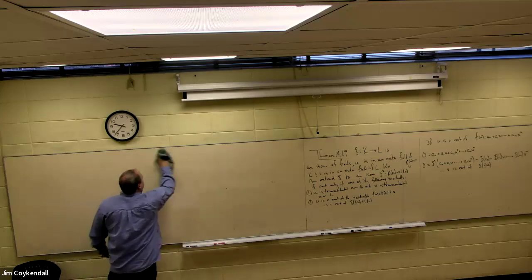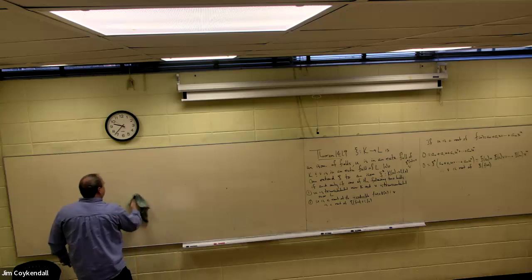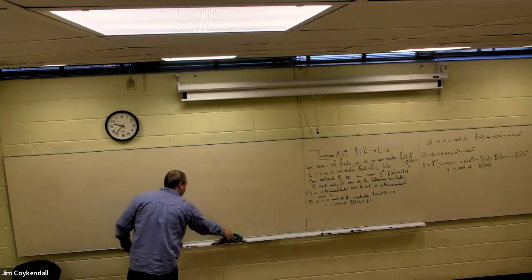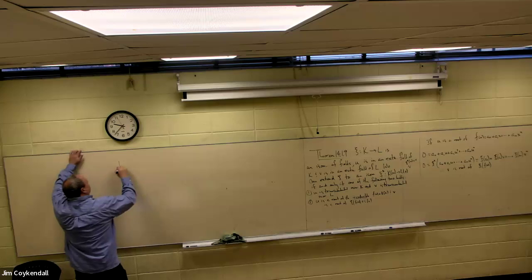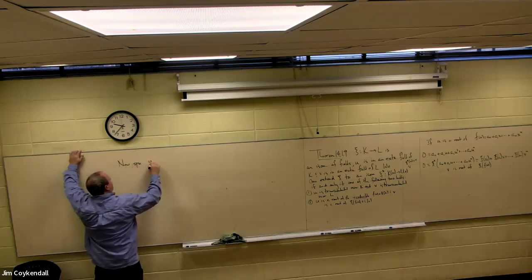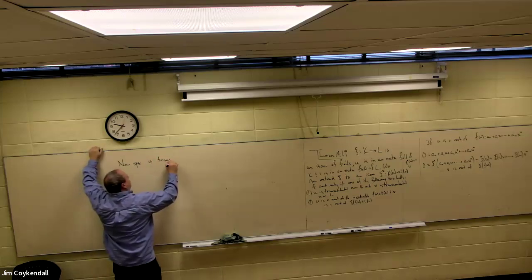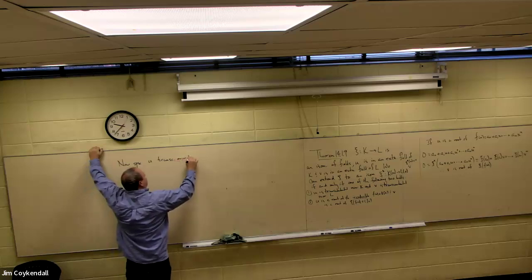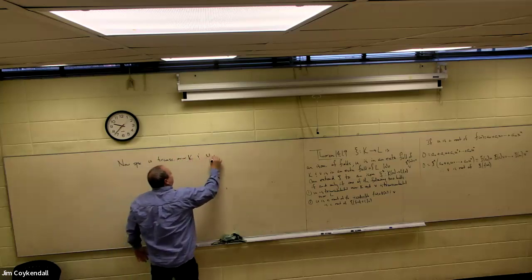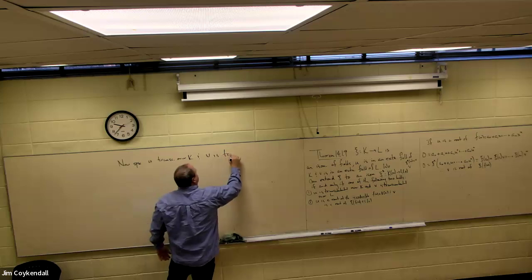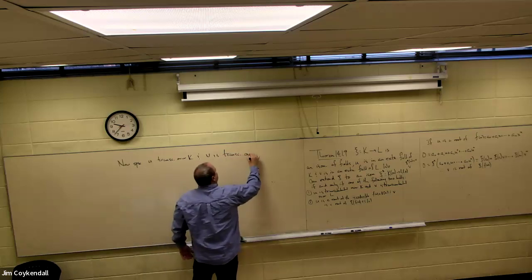For the other direction, let's suppose that u is transcendental over K and v is transcendental over L.